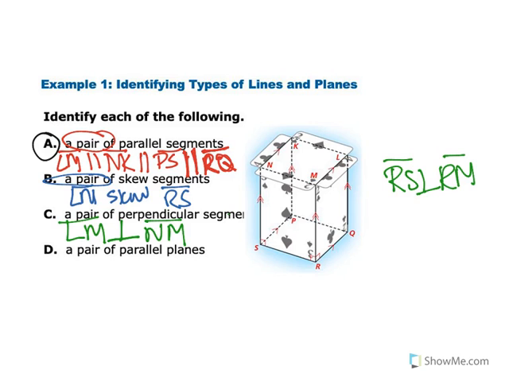Parallel planes, okay? Now remember, when we name a plane, we need to use all four letters. Okay, so if we use the top, we would say LMNK. And we would actually say plane LMNK, there's no symbol for it, okay, is parallel to, let's see, the top would be parallel to the bottom, right?